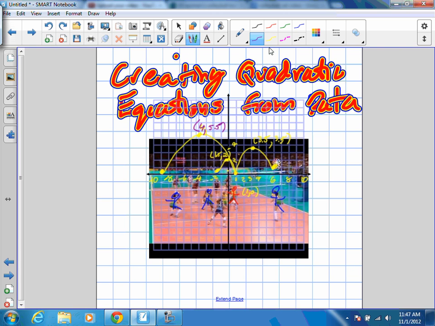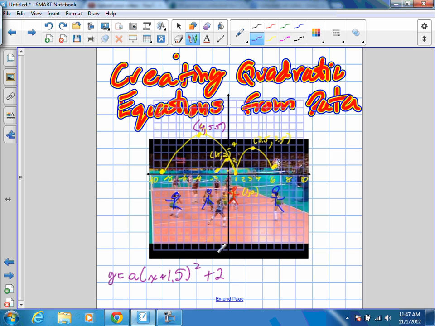So, for the shortest set, the person closest to them, we know our vertex form is going to be y equals a, we're going to have to solve for a. The x value was -1.5, so we're going to have x plus 1.5 squared, and plus 2.